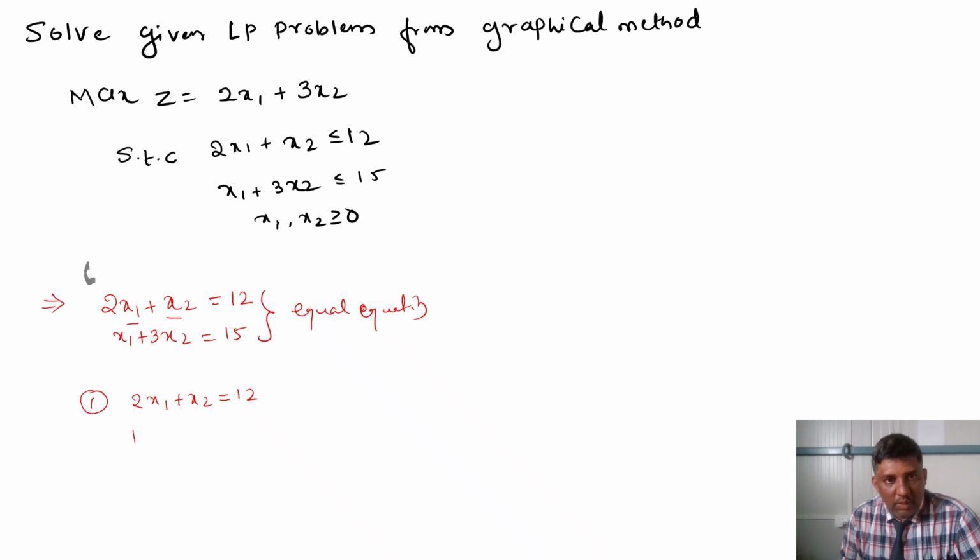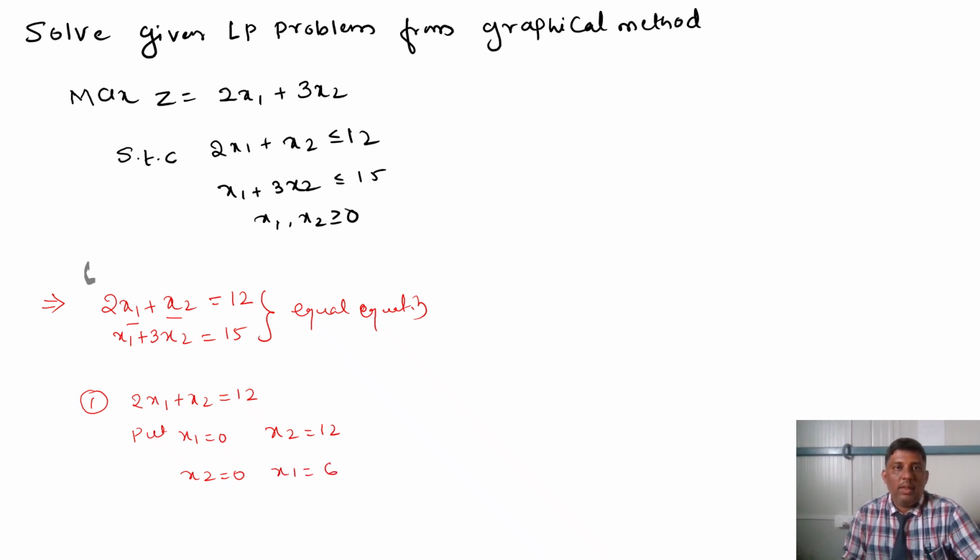To identify the coordinates, I will put x1 as 0 in the first condition, and I am going to get the value of x2. The second time I am going to make x2 as 0, and I will identify the value of x1. So we identified the two coordinates to plot the graph for the first equation.